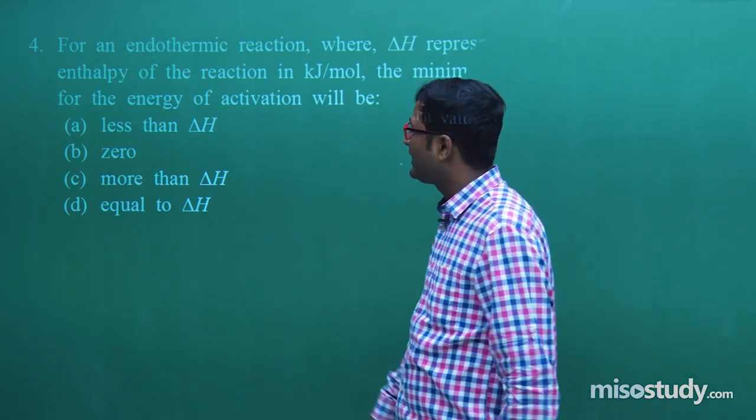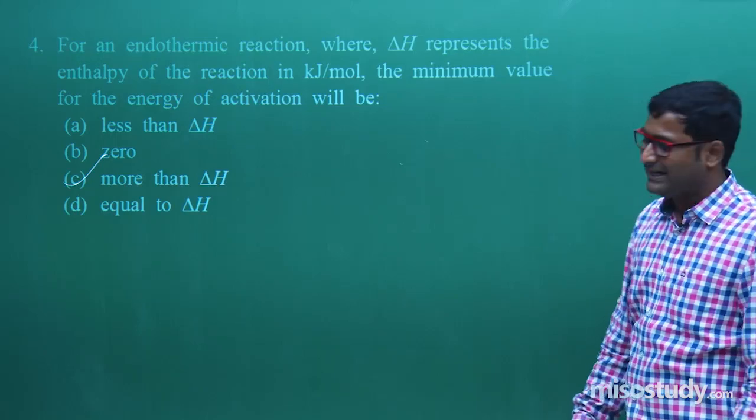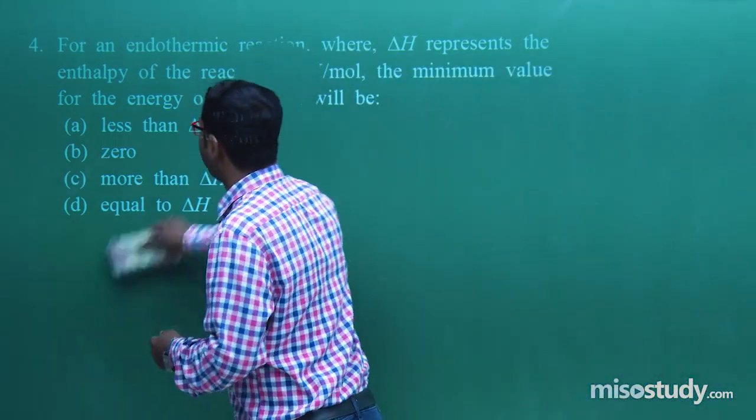So this is a simple theoretical question. For this question C is the correct option, more than delta H. Now friends, wait for a moment, let's move to the next section.